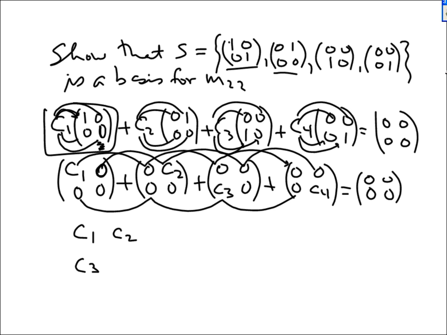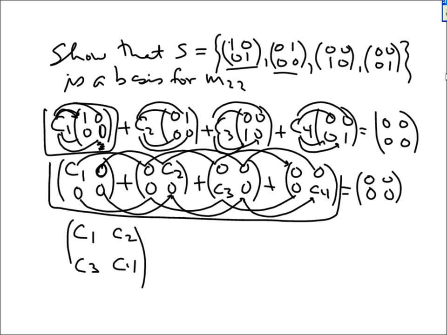The 2, 2 position, 0 plus 0 plus 0 is 0 plus C4 is C4, which tells me that this left-hand side of the equation is just what I wrote down. And it still equals the right-hand side.